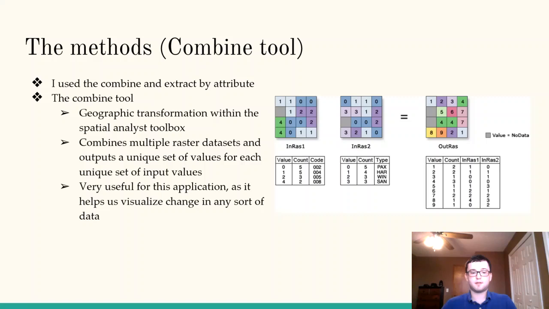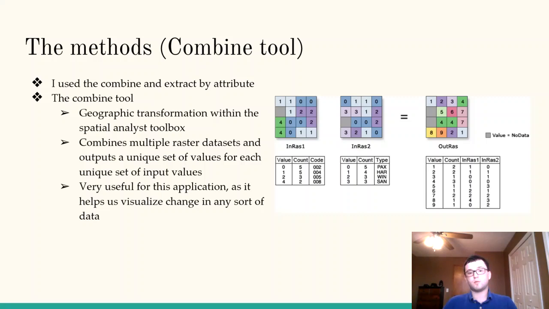So the methods. The combine tool. This is a type of GIS transformation within the Spatial Analyst toolbox in ArcMap. It combines multiple raster datasets and outputs a unique set of values for each unique set of input values.